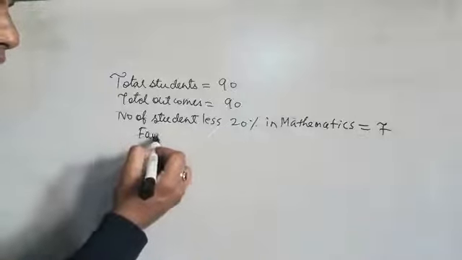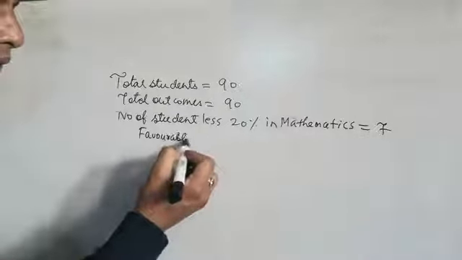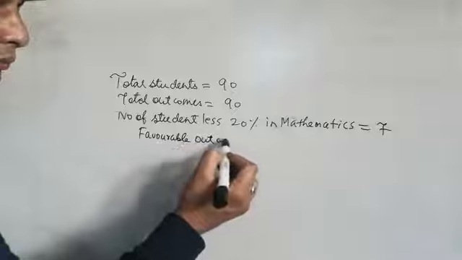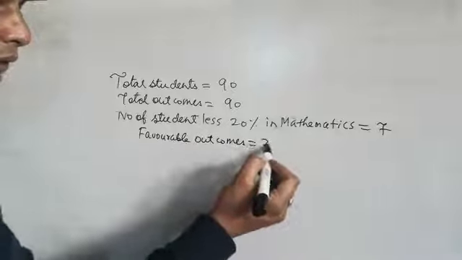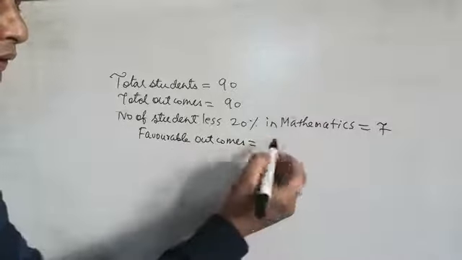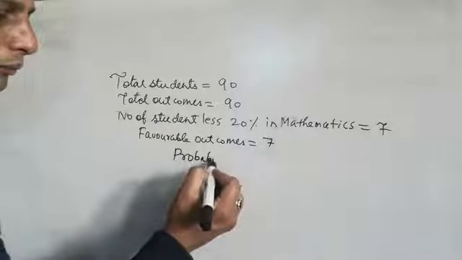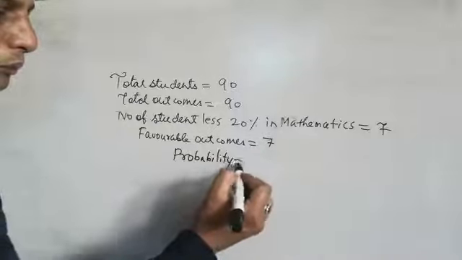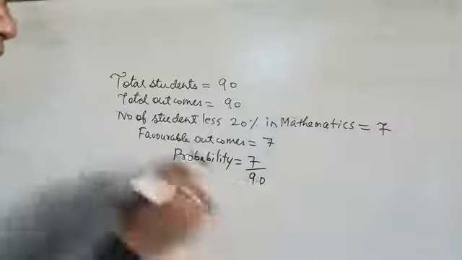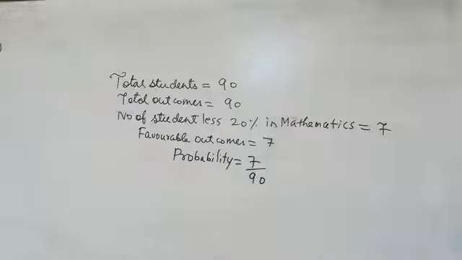So our favorable outcome will also be 7. The probability will be 7 upon 90. 7 upon 90 is the probability.